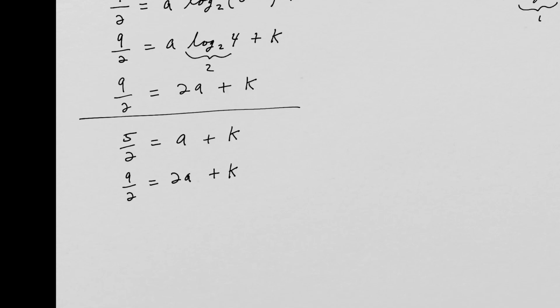Okay, so what do you guys want to do? I guess we could use elimination, or substitution. It's up to you. Let's say I want to eliminate the k's first. Right now the coefficients are plus 1 and plus 1. If I can make one of them negative 1, then I can add the equations and get rid of the k. So let me multiply the first equation by negative 1. Remember, I have to do both sides.